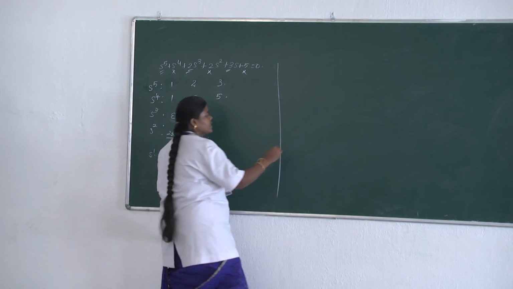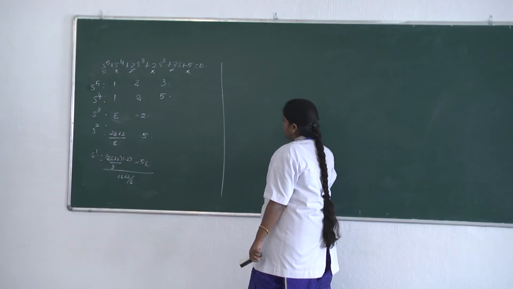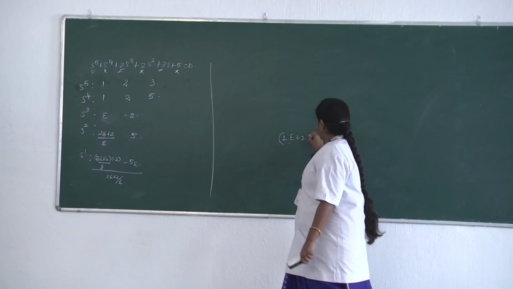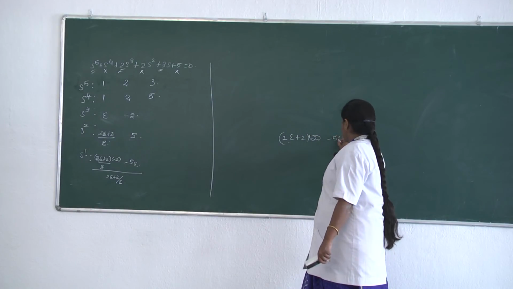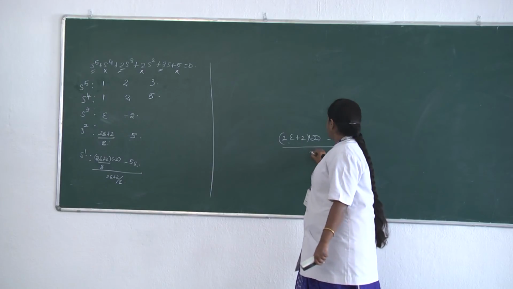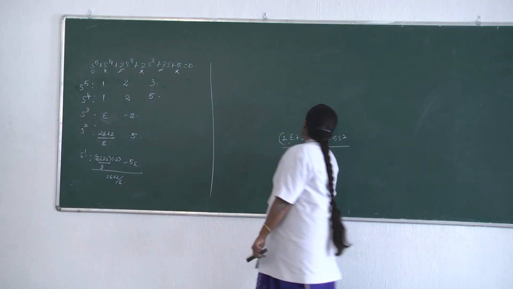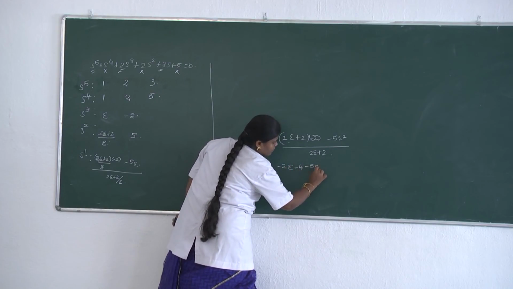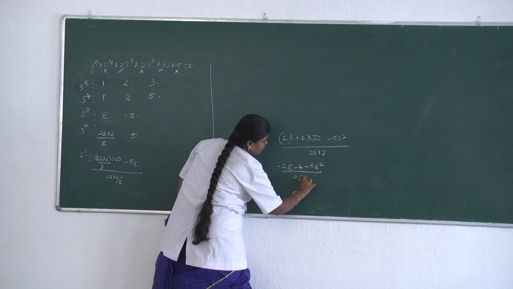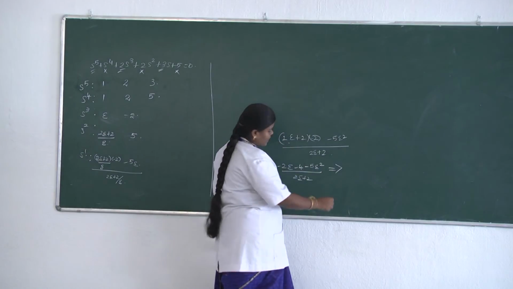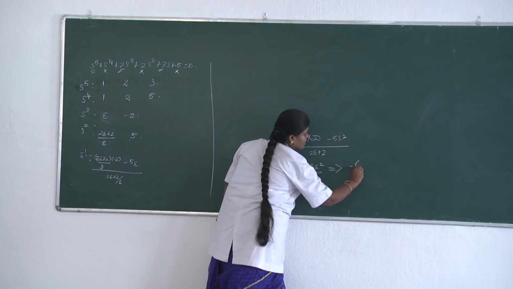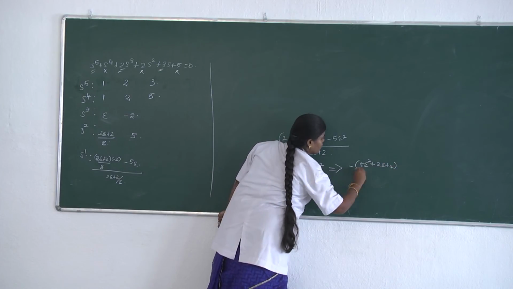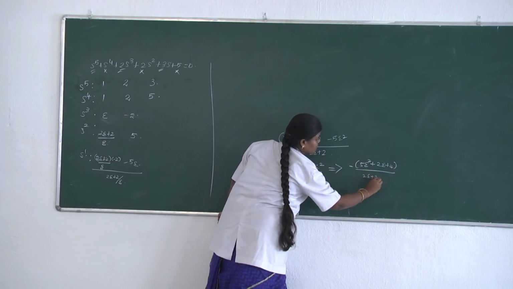On solving this, we get 2 epsilon plus 2 into minus 2 minus 5 epsilon square by 2 epsilon plus 2, that is minus 2 epsilon minus 4 minus 5 epsilon square by 2 epsilon plus 2, which can be written, taking the minus sign outside, as minus of 5 epsilon square plus 2 epsilon plus 4 divided by 2 epsilon plus 2.